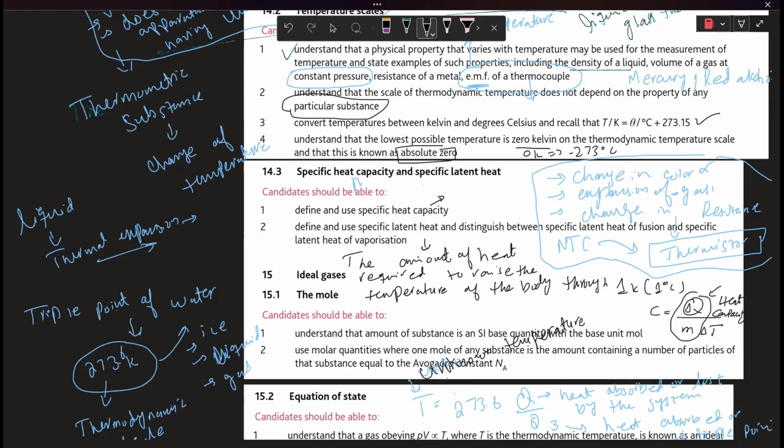One more important thing needs to be mentioned. And what is that? Same temperature? No. Constant temperature? No. Ali? 1 kilogram. Yes, of the body of 1 kilogram through 1 Kelvin is specific heat capacity.